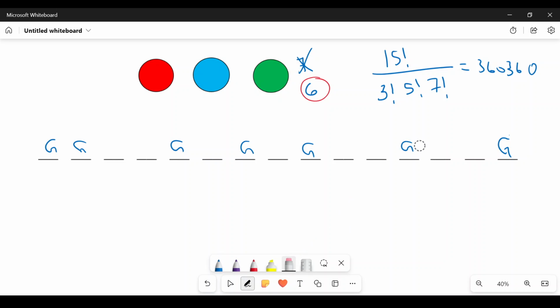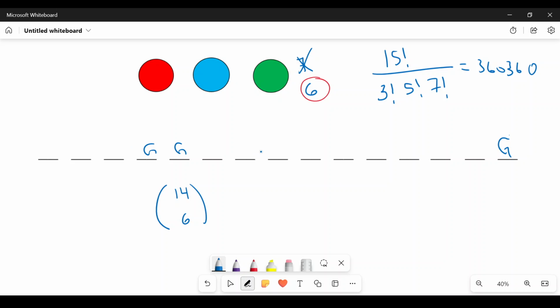What I need to figure out is how many different ways those 6 remaining green marbles could go into 14 positions. So I'm going to re-ask that. I have 14 positions, and I need to choose 6 of them to write a green marble in. So 14 choose 6 is me choosing where to put green marbles.